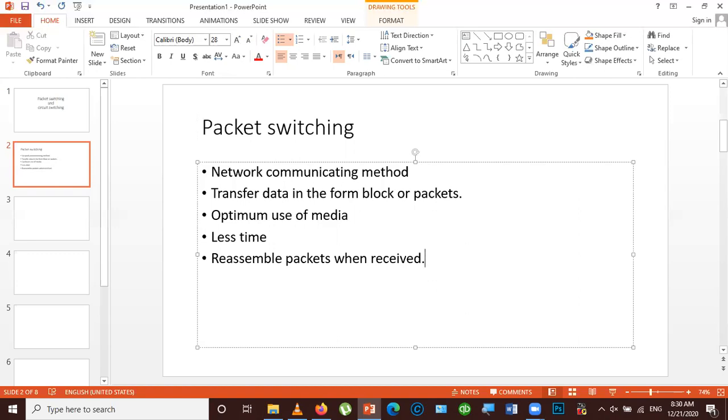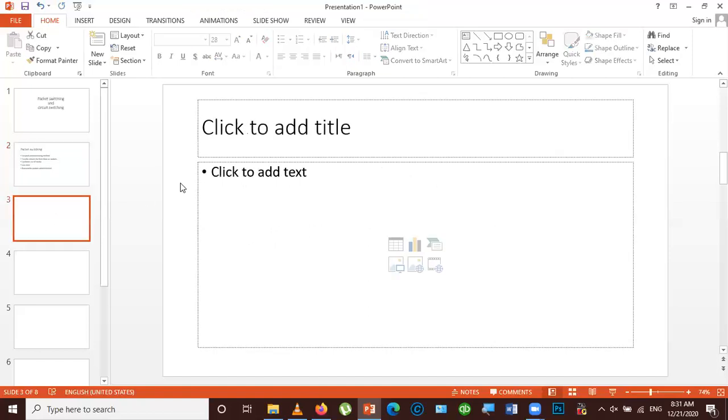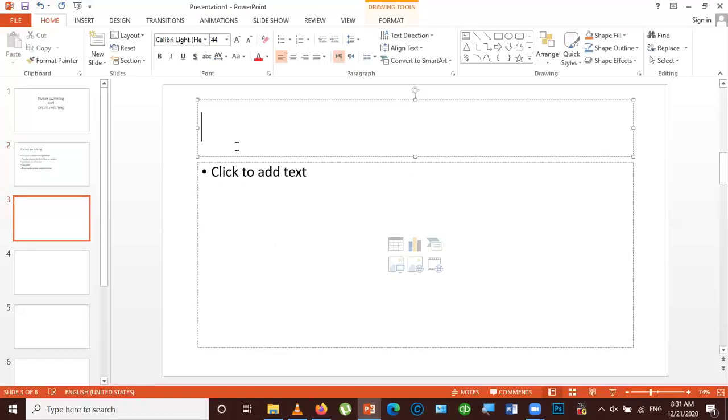And when the packets are received at the destination, these packets are reassembled with each other and make the complete message. So this method makes optimum use of the medium and bandwidth, and it takes less time to complete communication.